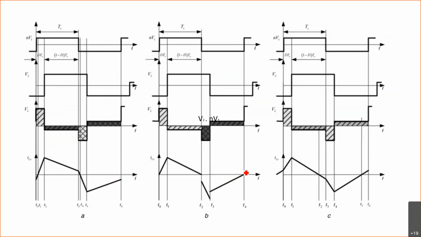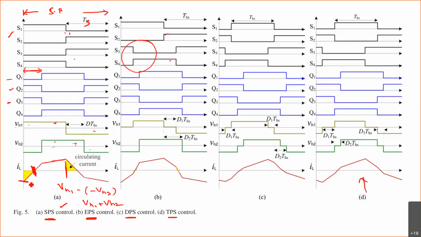Depending on the load conditions, this is the initial value, and it may be negative, zero or positive. Depending on the initial values, or the load parameters, this inductor current may be negative, zero or positive.